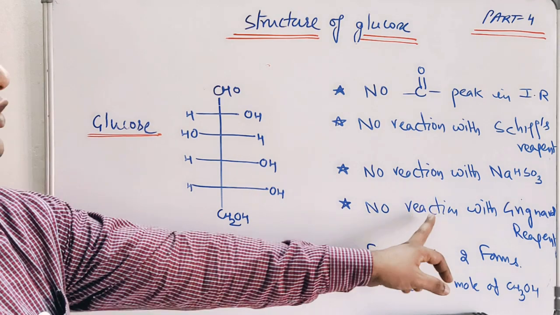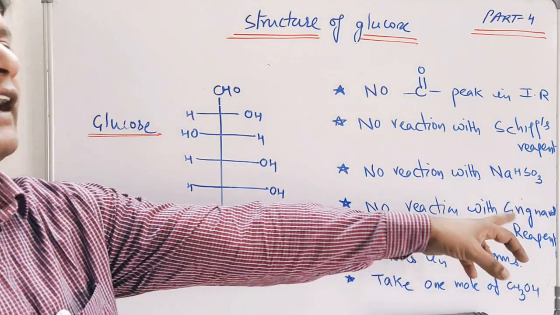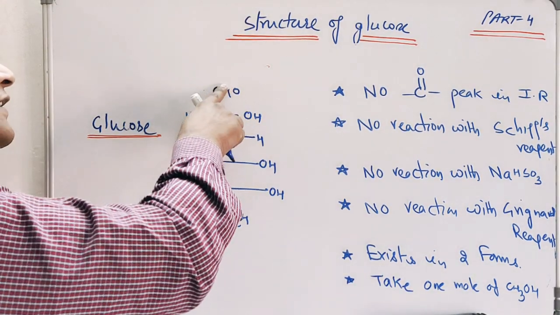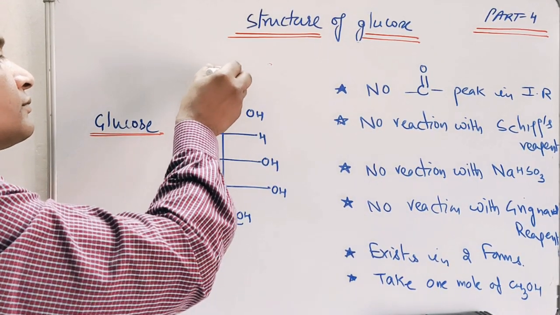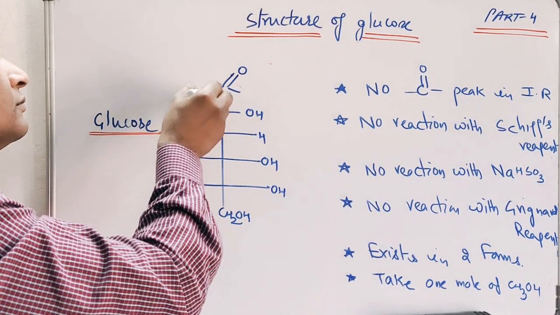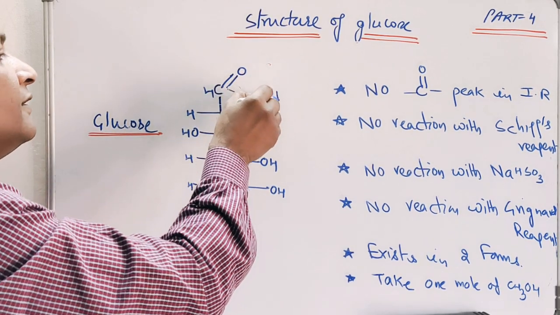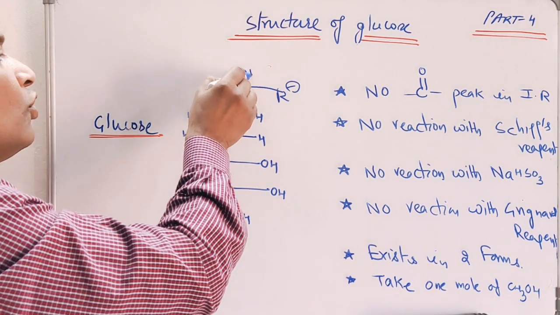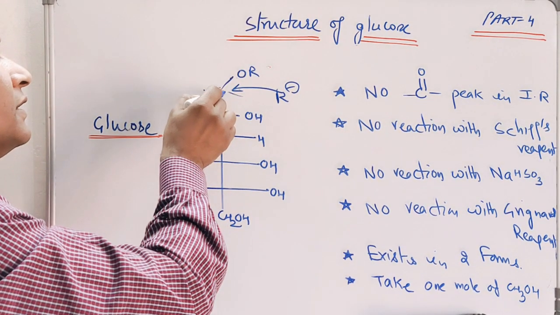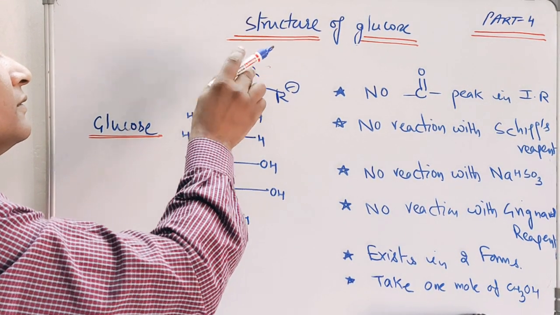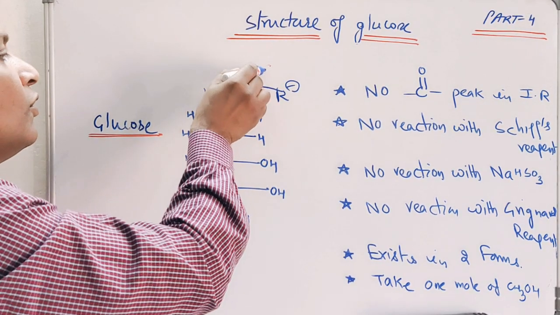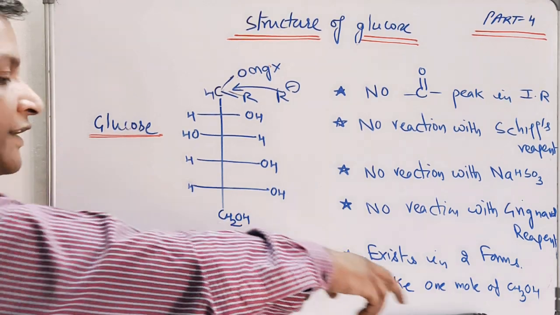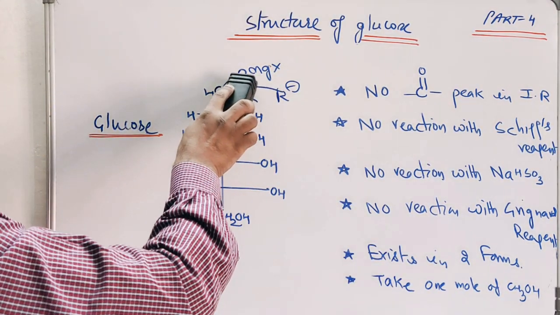Again, no reaction was observed with Grignard reagent. Usually, a Grignard reagent has a tendency to react with aldehyde, and gives us OMgX and R. Whenever Grignard reagent reacts with aldehyde, they give this type of compound.